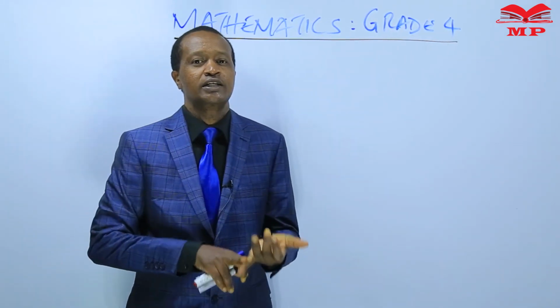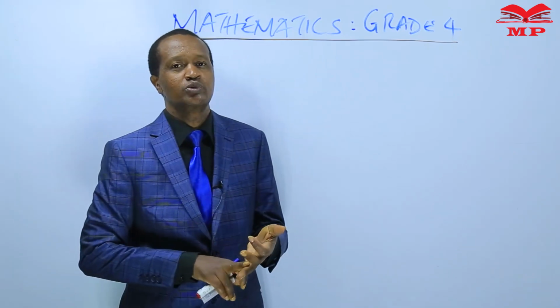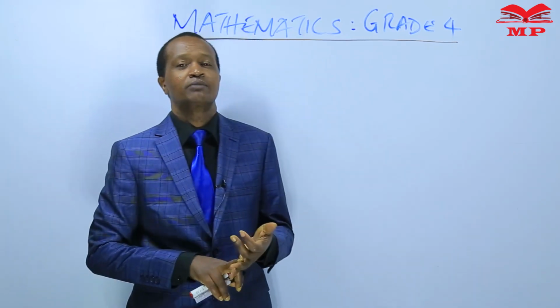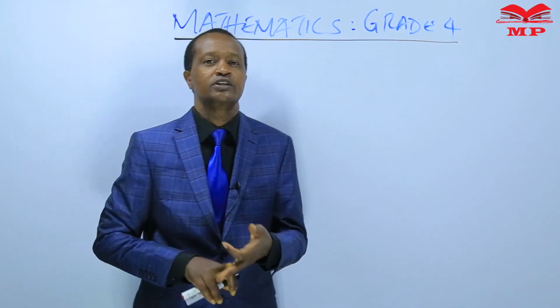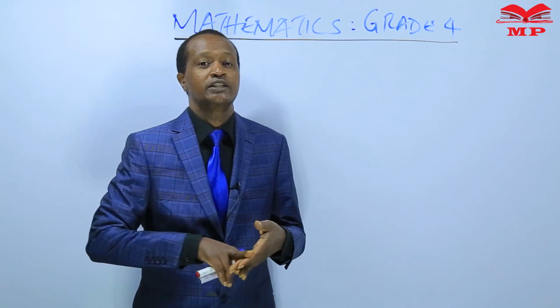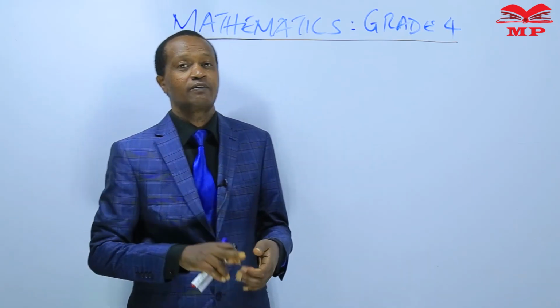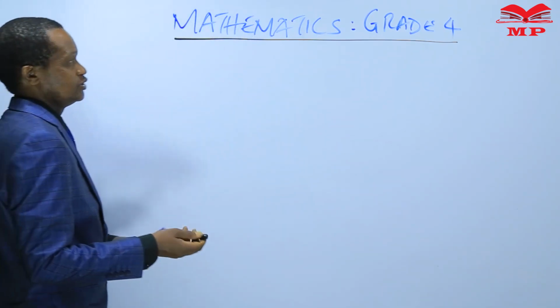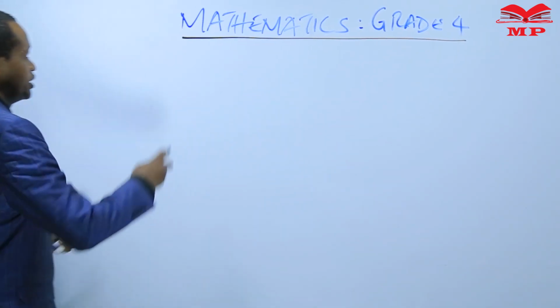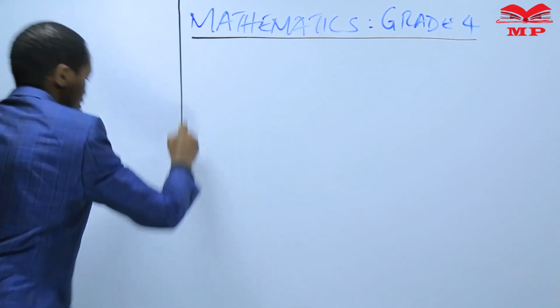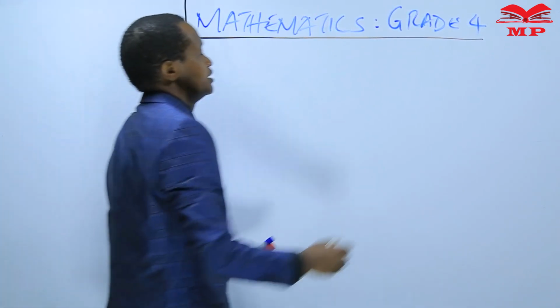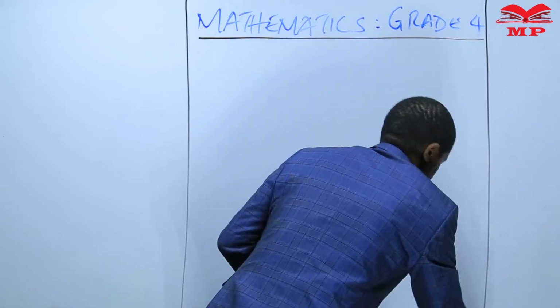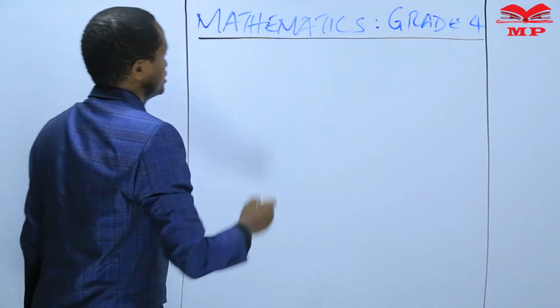Number 1, numbers. Number 2, measurement. Number 3, geometry. Number 4, data handling. And lastly, algebra. These are the topics that you are expected to learn in mathematics grade 4.